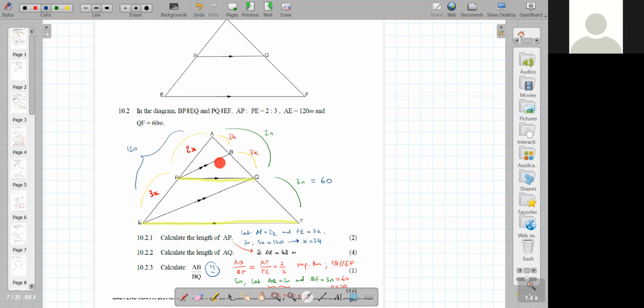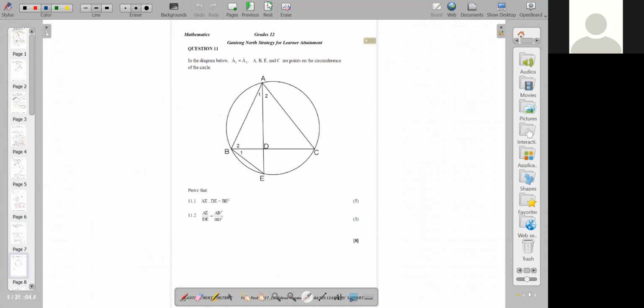If we ask PB over EQ, that's the ratio of parallel lines, which is 2 over 5. That's the ratio of triangles, 2 over 5. Or if we ask what is PQ divided by EF, that's the ratio of parallel lines, which will be the ratio of triangles. So PQ over EF is again 2 over 5. Just be careful with that.